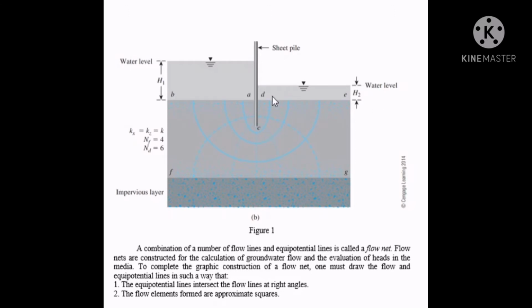Kapag 3D natin 'to, meron pa siyang 3D. Meron dito sa likod kunwari nitong drawing natin na ito. Yung tubig natin, syempre, mag-flow siya from here papunta dito and meron ding yung tubig natin mag-flow papunta sa Z direction. So, may X and Z direction yan.